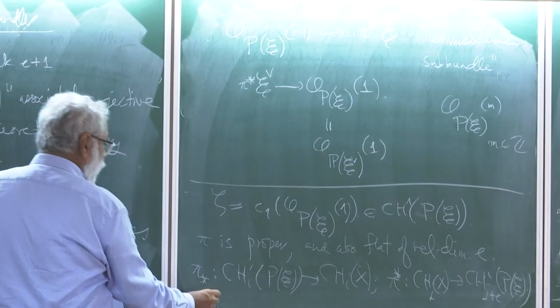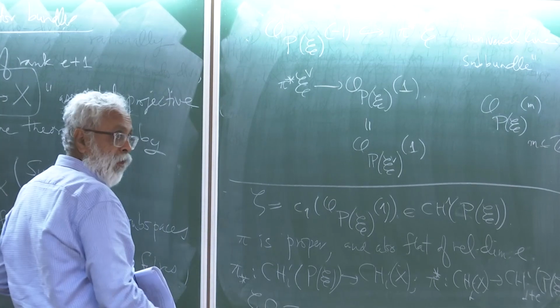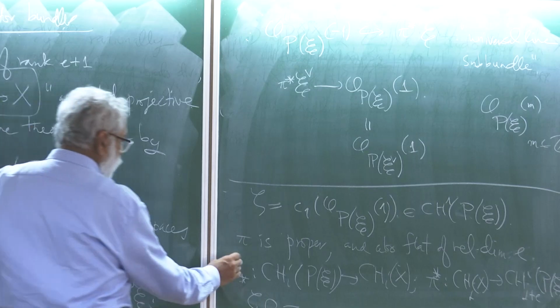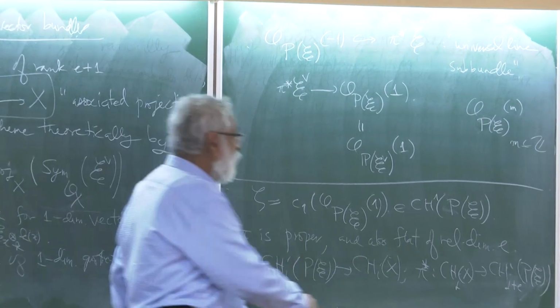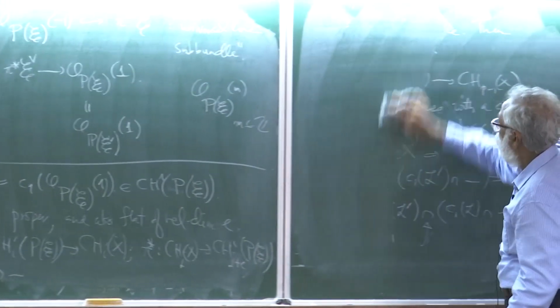And of course, I've got zeta, so I've got zeta cap something. This operation also makes sense. So I have these three operations I can do on cycles. Combining all of them, we can construct all sorts of things, the so-called Segre classes.